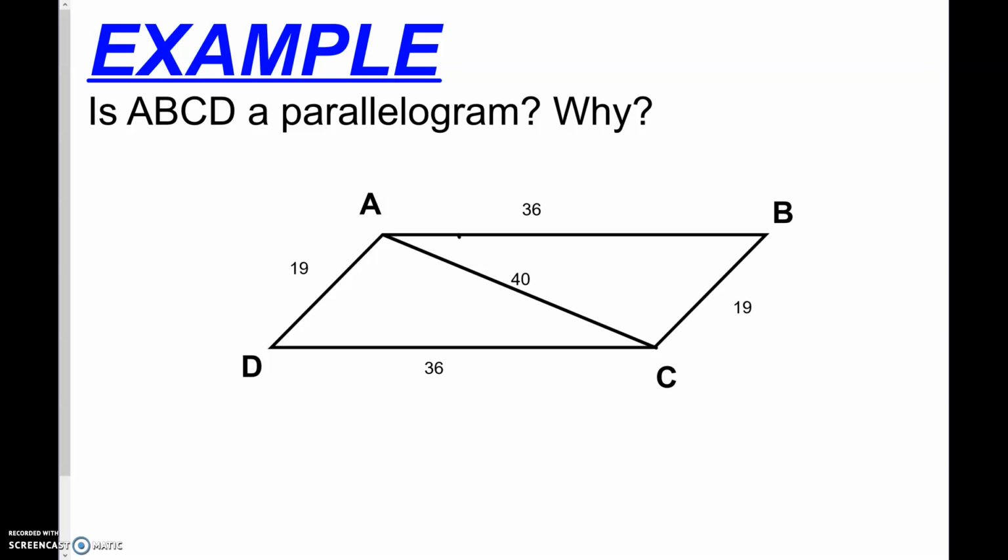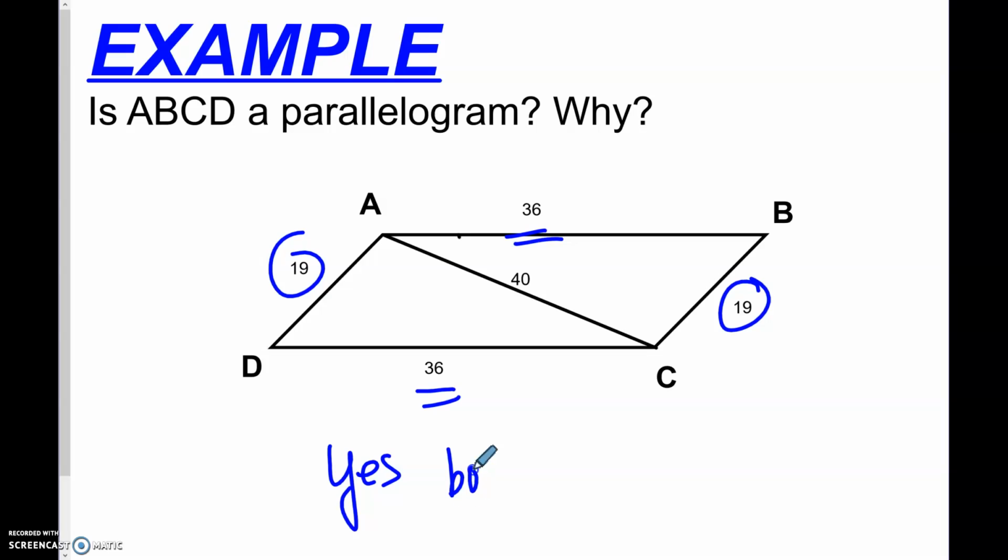All right, what do we have going on here? So we have a diagonal and we have 19 and 19 and 36 and 36. So yes, this is a parallelogram. Why? Both pair of opposite sides are congruent.